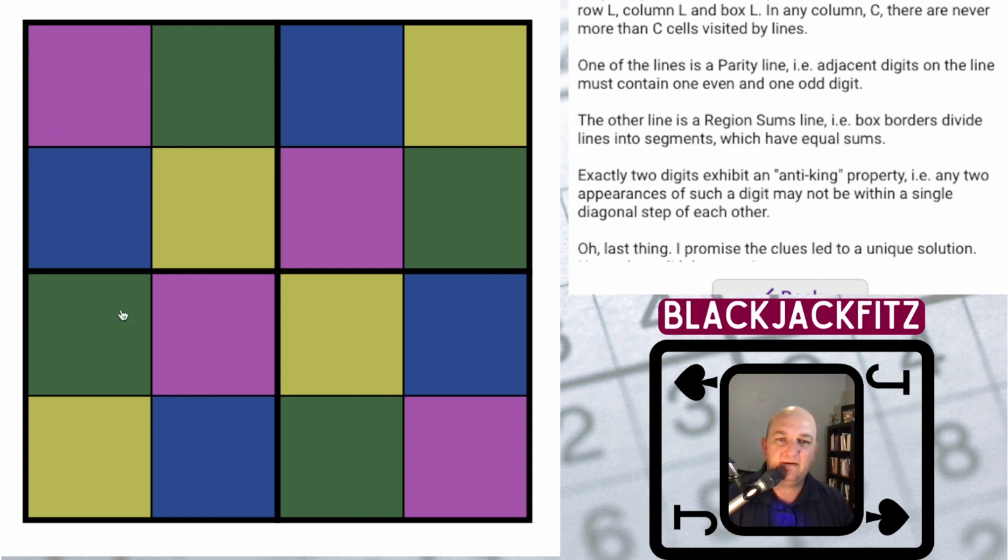And we can only have limited digits in column 1 and column 2. So what can a region sum line do? I mean, a region sum line can't do that, obviously.